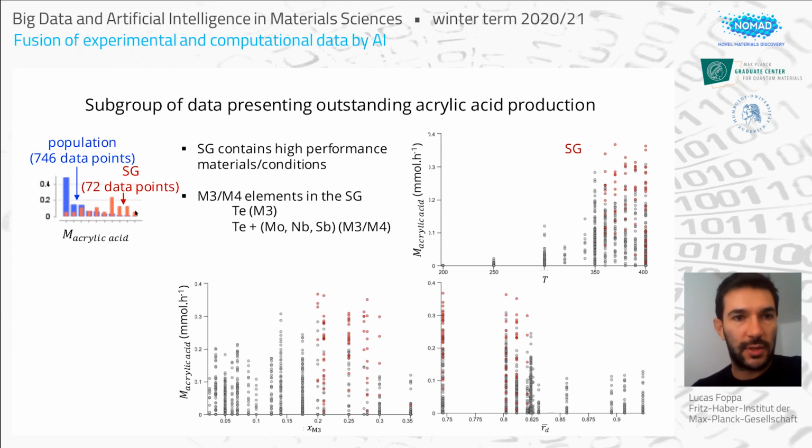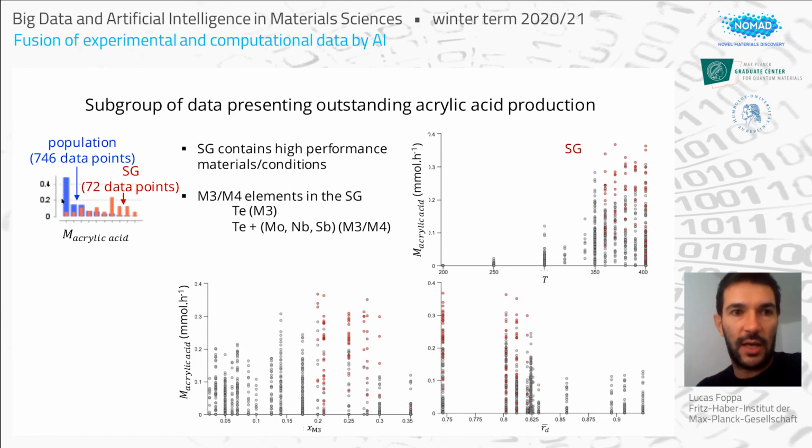Here I'm showing the population in blue, with 746 data points in this case, and the subgroup we find. This is not the best quality, but I hope you can see here the acrylic acid production rate on this axis, and the number of data points.